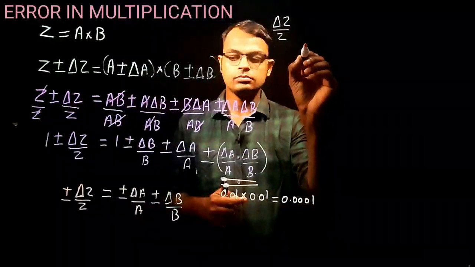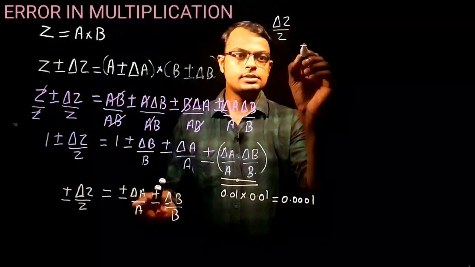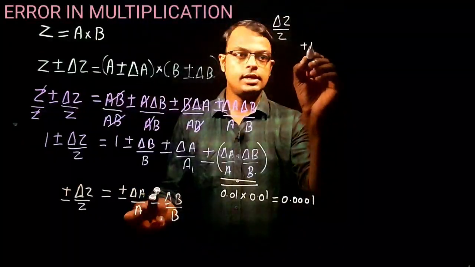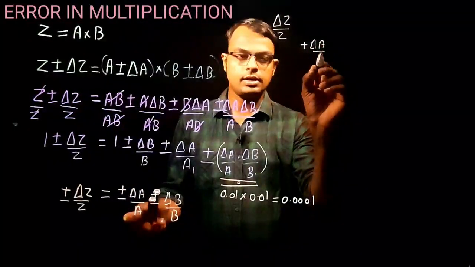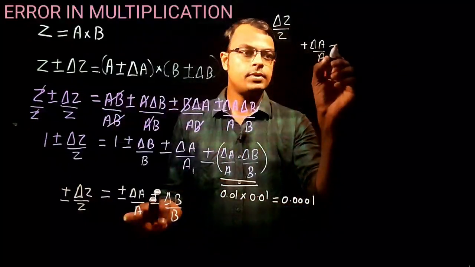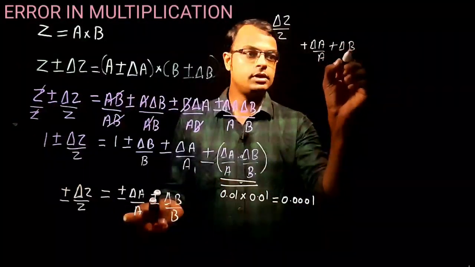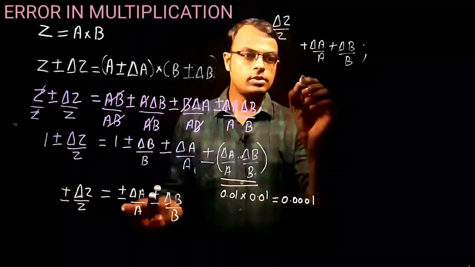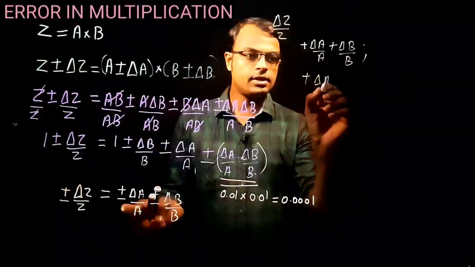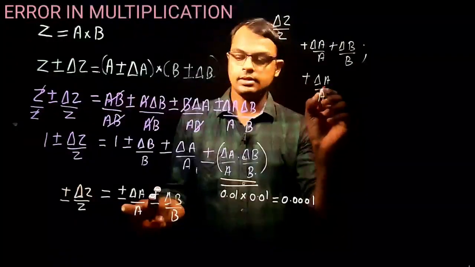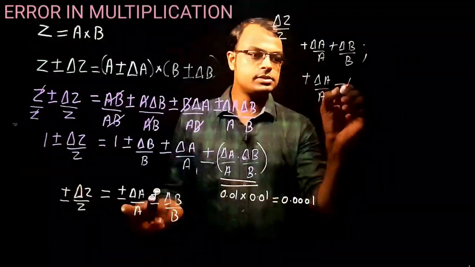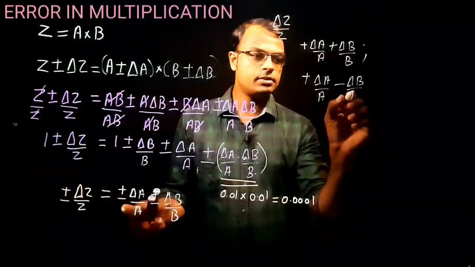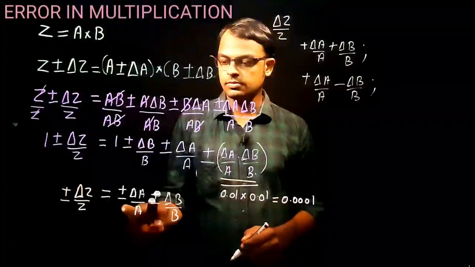First one, plus delta A by A plus delta B by B. This is the first one. Next one, plus delta A by A, minus delta B by B. This is the second combination.